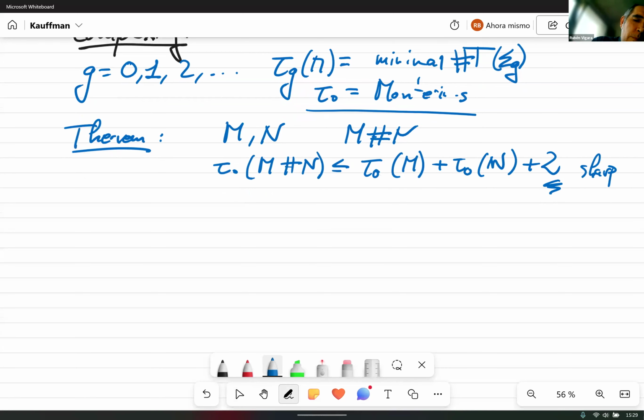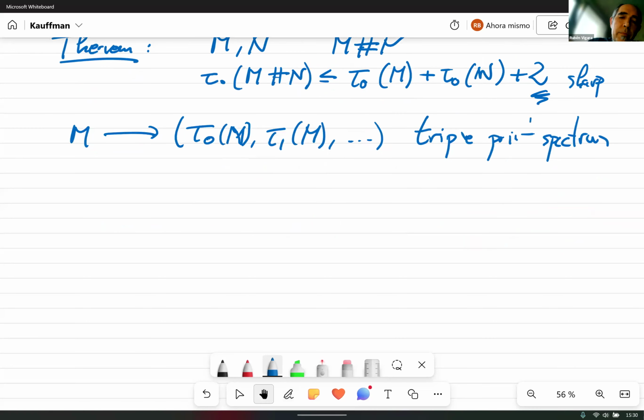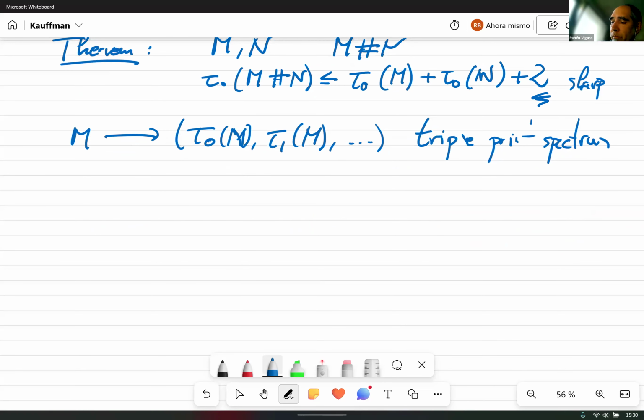On the other hand, for a given three manifold, if we consider the full sequence of triple point numbers, we obtain what we call the triple point spectrum. There is one easy result.